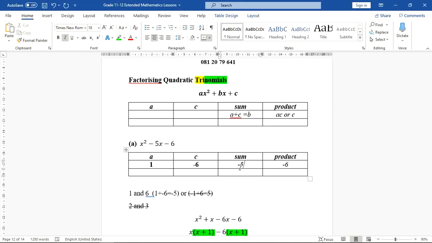And the tricky part of this method is identifying which factor is going to be positive and which one is going to be negative. So now I have 1 and 6. 1 and 6, I know they're going to work. So I want to make sure that if I add 1 and 6, they should give me negative 5. So I'm going to make 6 a negative, because 1 plus negative 6 will give me negative 5.